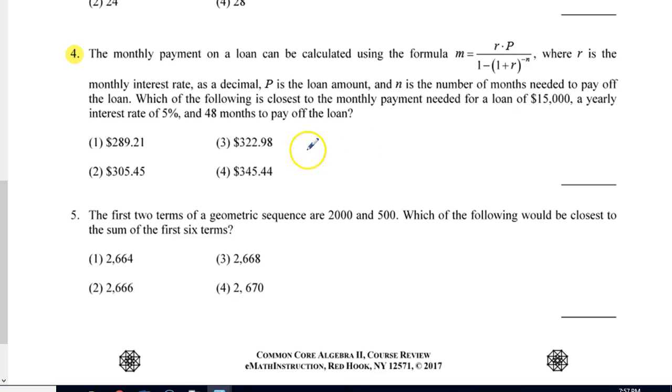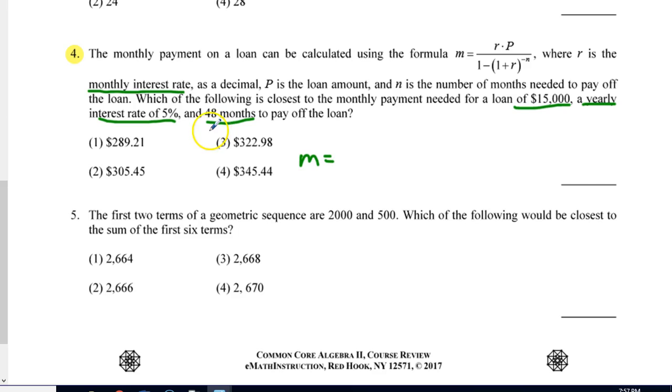Okay. We've got a formula here that's provided, and we've got a lot of information. We've got the loan amount, yearly interest rate of 5%, and that there's 48 months. Okay, now we have to determine each of these values. R is the monthly interest rate. So this is where it gets a tiny bit tricky.